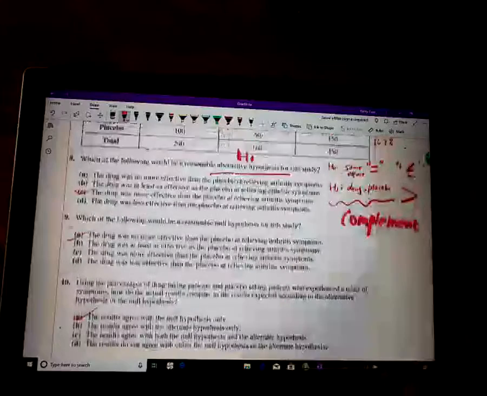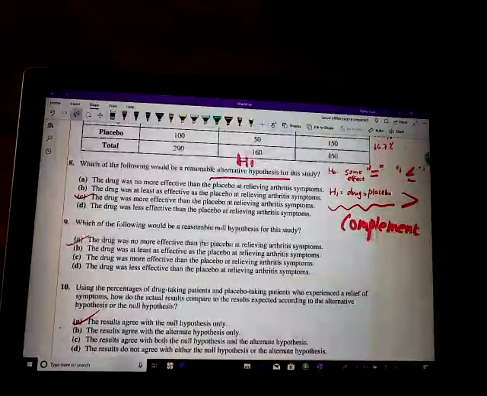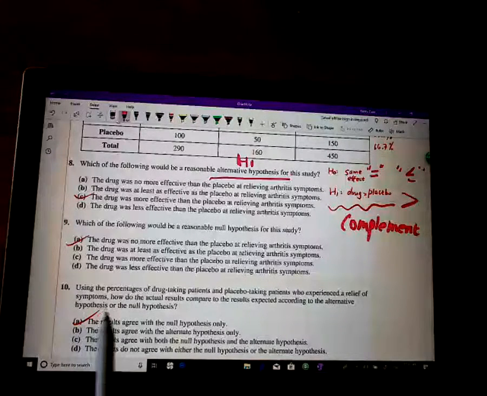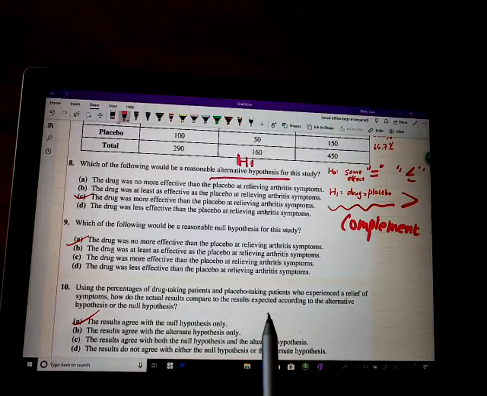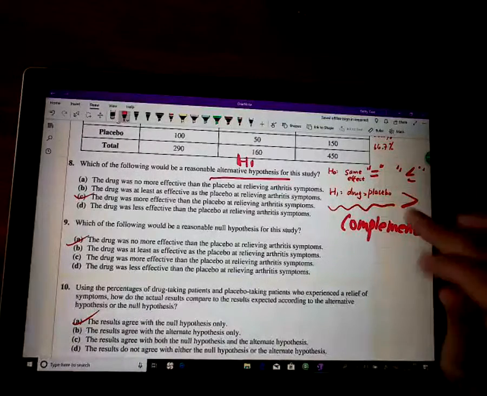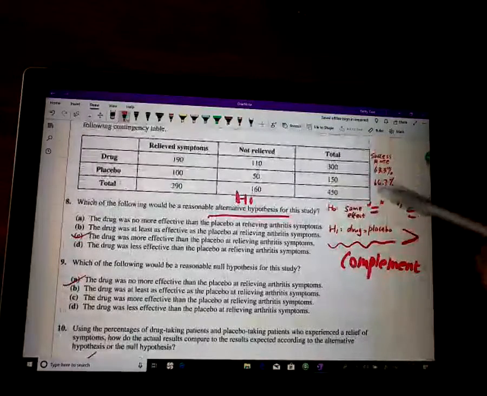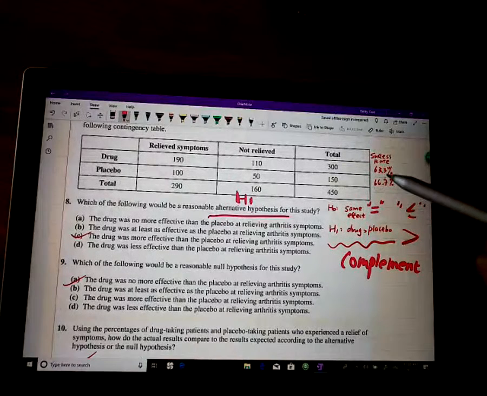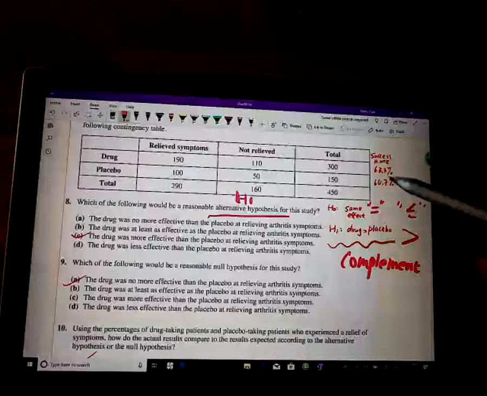The last one: using the percentage of drug-taking patients and the placebo patients with relieved symptoms, how do the actual results compare to the results expected according to the alternative hypothesis or the null hypothesis? So we see the two groups really have a similar success rate.